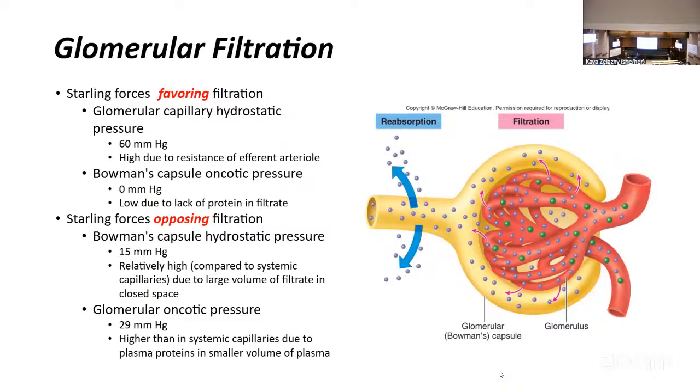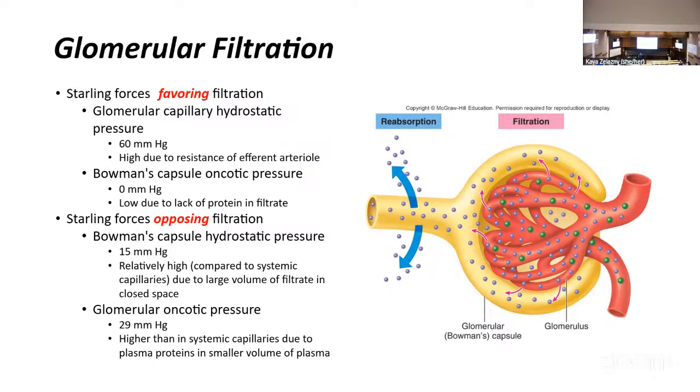So here we've got an explanation of some of our normal numbers for these. So the glomerular capillary hydrostatic pressure, so that pressure of the blood in the glomerulus in your blood system, your cardiovascular system, is usually about 60 millimeters of mercury. So that's pretty high.